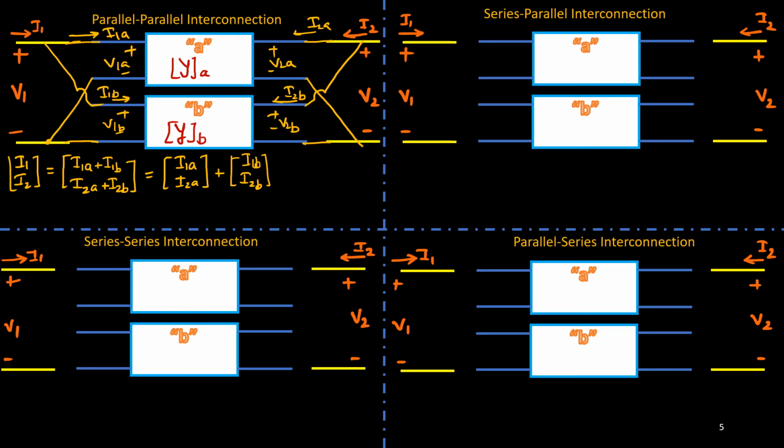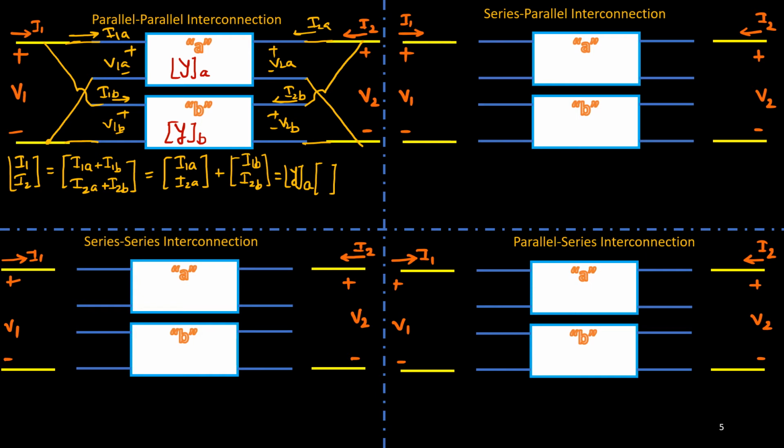So we can express this as YA times the potential V1, V2, because V1A and V2A are the same as V1 and V2 only.